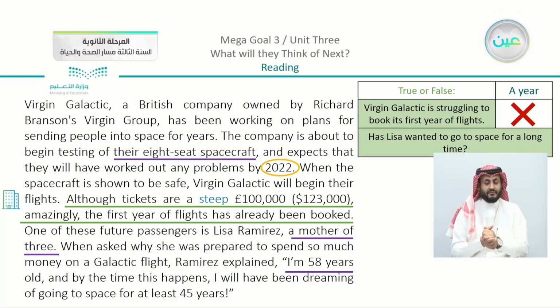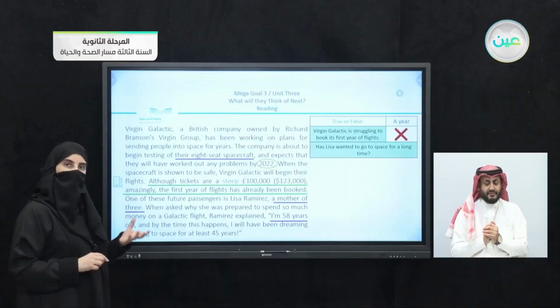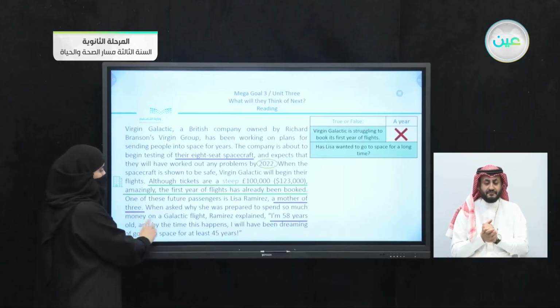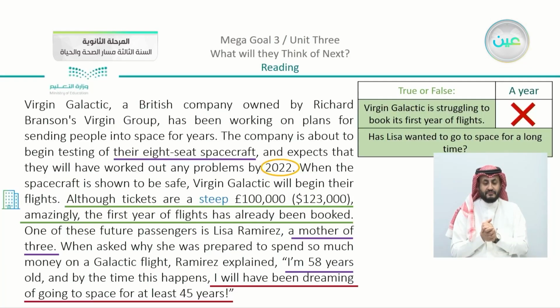She said that she was 58 years old, so she was actually old in age, and she had been dreaming to go to space for at least 45 years. Now, we scanned and highlighted the information that we discussed and talked about in our questions. We are going to move on.